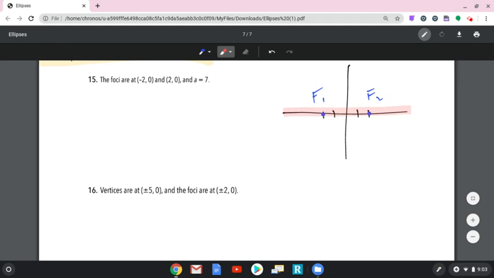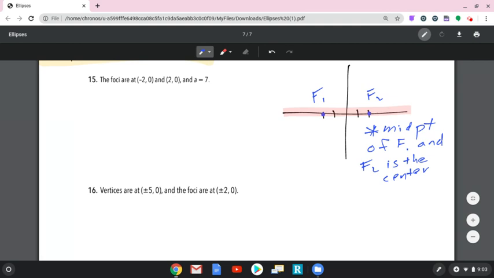And the other thing I want us to make note of is the midpoint of the foci. The midpoint of F1 and F2 is the center. So the center will always be the midpoint of your two foci and the midpoint of your vertices. So opposite vertices.